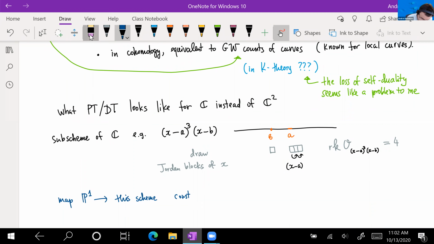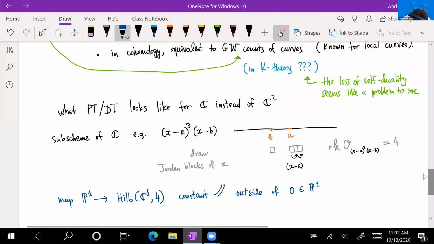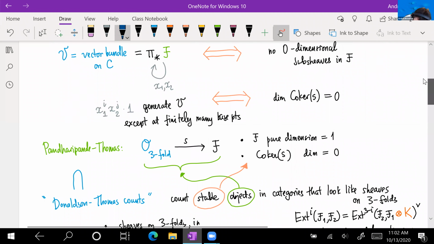So maybe from P1 to C1, and I want 4 points, which is constant equal to that outside of 0 in P1. So what would that look like? I've drawn these pictures ahead of time here.